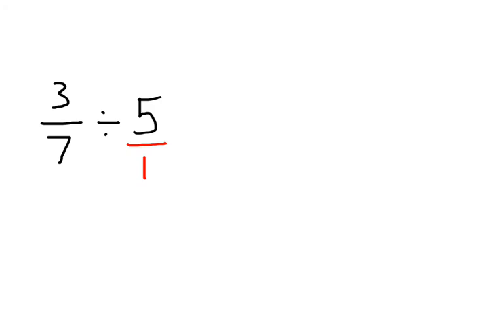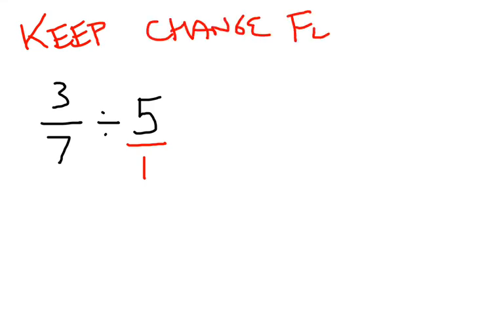And now I can do my keep, change, flip. So I'm going to keep 3/7, so it stays 3/7. I'm going to change my division to multiplication, and then flip around 5 over 1, which becomes 1 over 5. So I have 3/7 times 1/5.